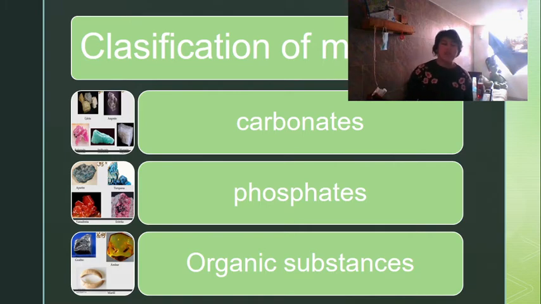Now, let's talk about organic substances. Organic substances are mineral compounds that in some way or another are formed by the direct or indirect action of some living beings. Among these we have graphite, amber, and the beautiful ivory. If we take a look at the slide, we can see a diagram and some small graphs referring to each of the minerals that I have just mentioned.